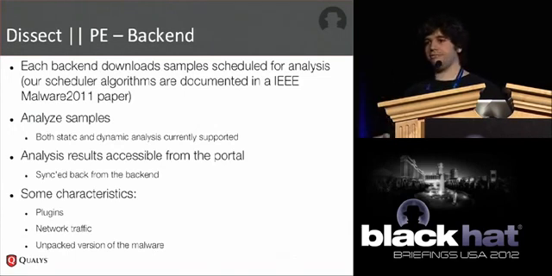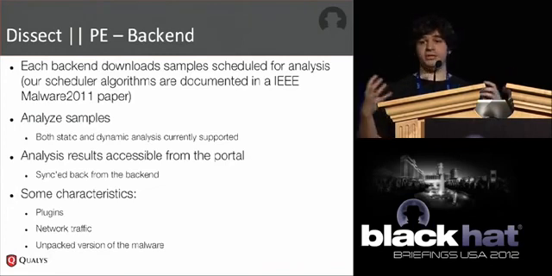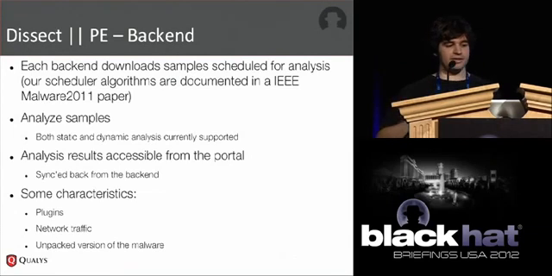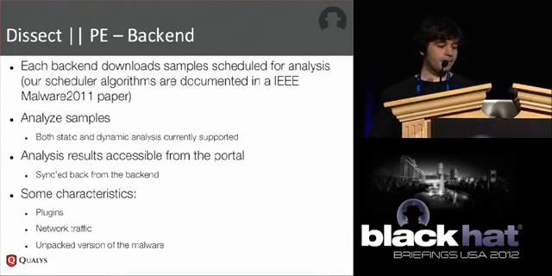There are many details in this paper. As I mentioned, we take the samples that were scheduled and analyze them. We have 2 kinds of analysis, a static and a dynamic one, okay? We'll talk more on this later. And all the results are accessible from our portal, okay?